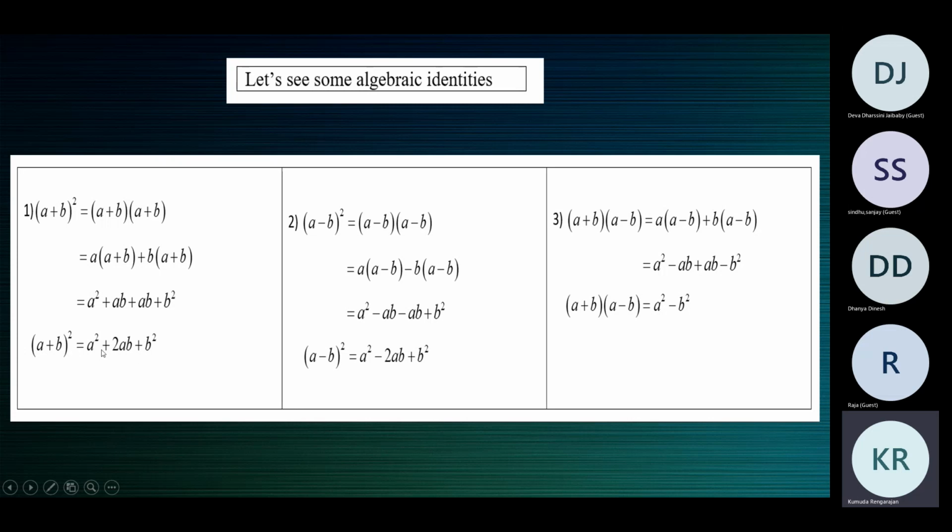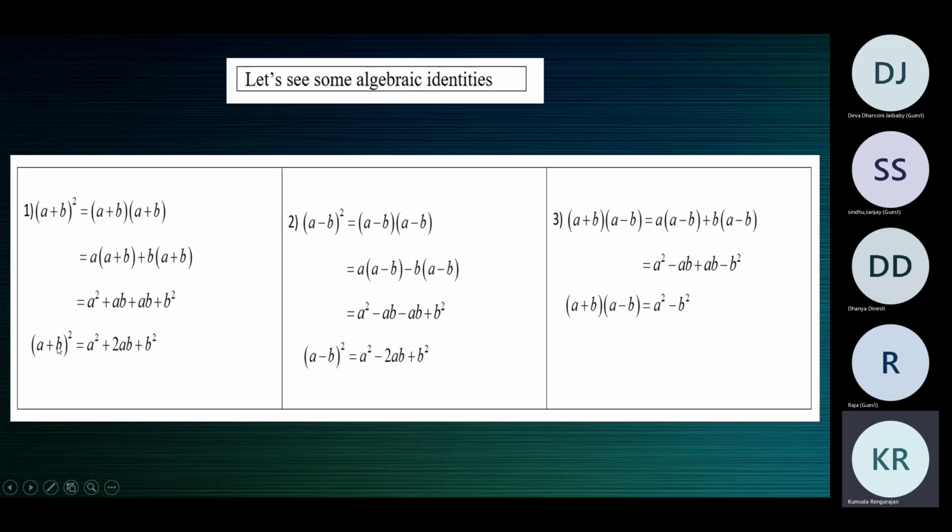Now what is an identity? An identity is an equality. Equality meaning an equation, like you can see the equal to sign here. A plus B the whole square is equal to A square plus 2AB plus B square. So an identity is an equality which holds good, meaning which is true for any value of the variables involved.